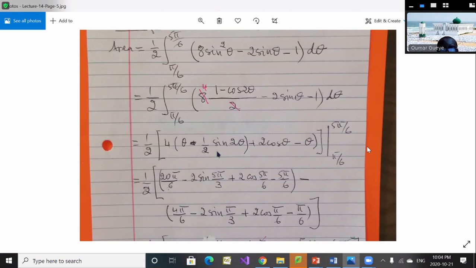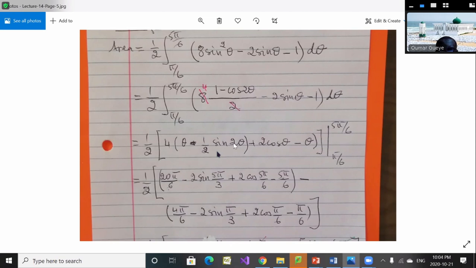So now we're ready to use exactly what the FTC says, because this is an antiderivative. To get the first bracket here, I just substitute theta by 5 pi over 6. If you substitute theta by 5 pi over 6 and multiply by 4, it becomes 20 pi over 6. And here I'll get 4 times half, which is 2.